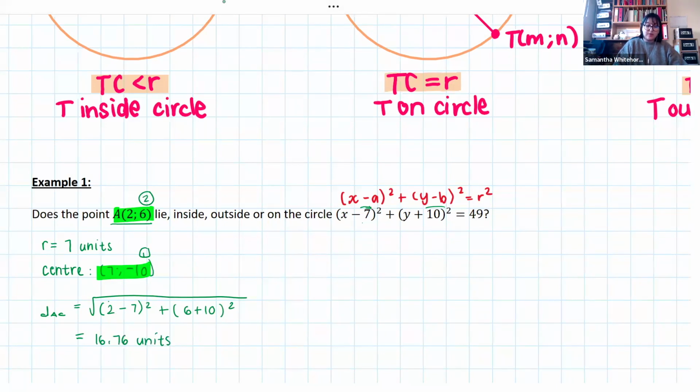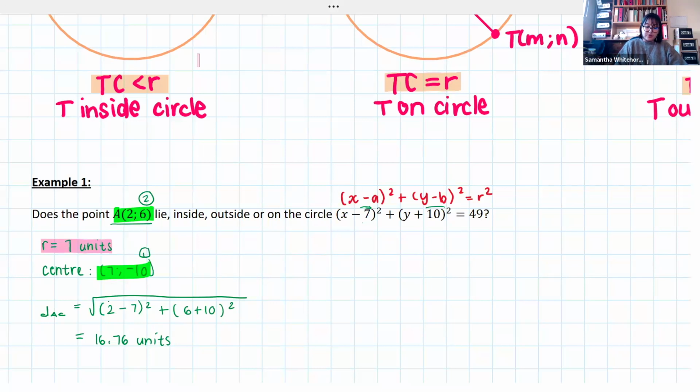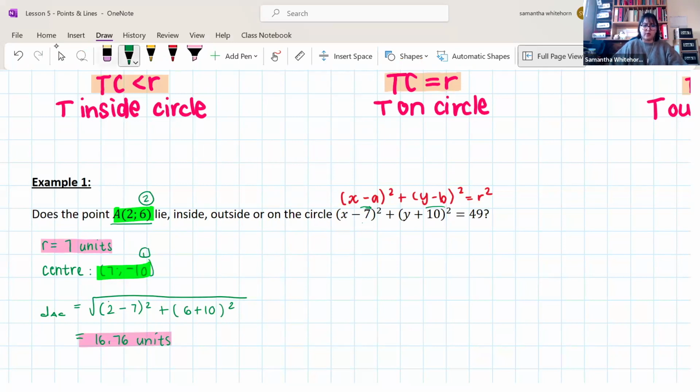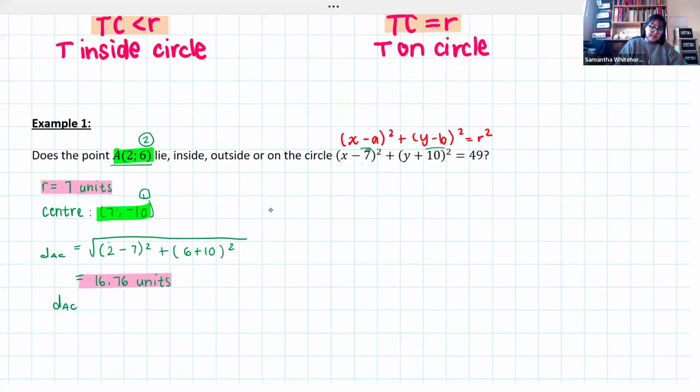Now, remember, what we want to compare now is the length of our radius to the distance between center and the point we are looking at. So here what we can see is that the distance of AC is much greater than our radius.